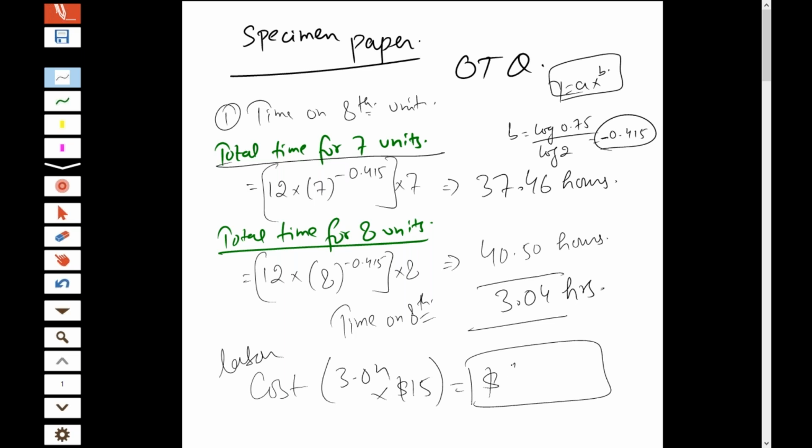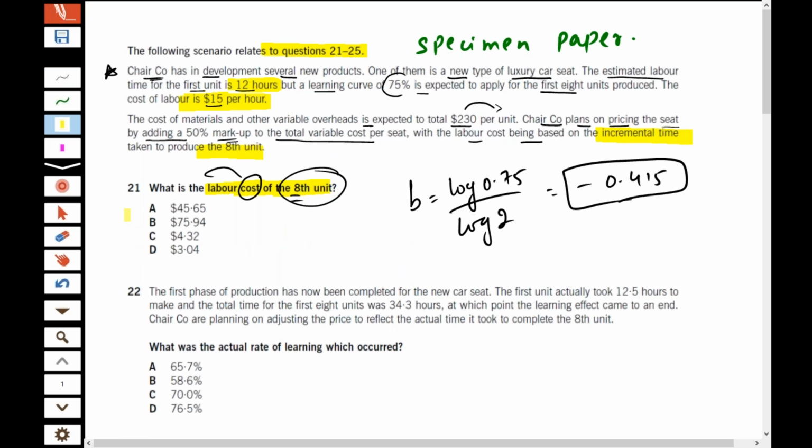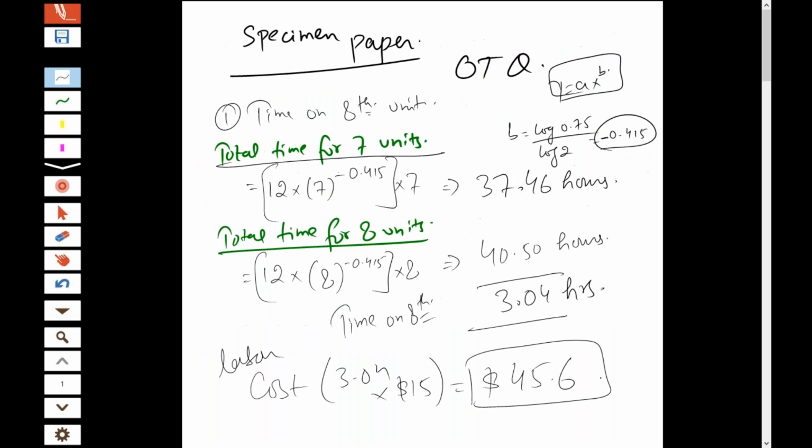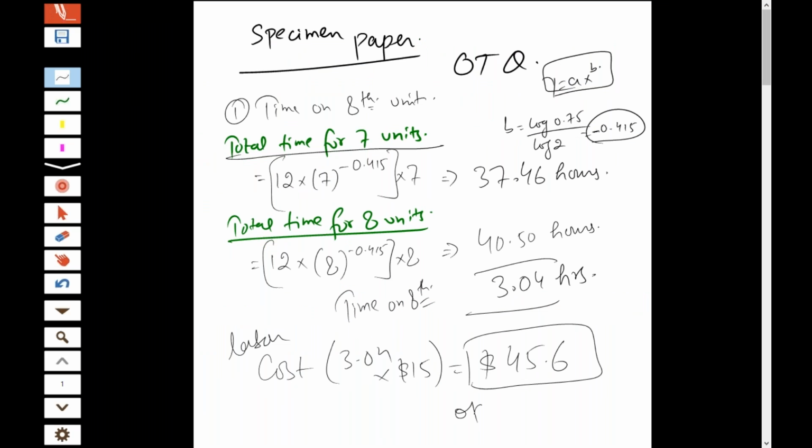What is the amount? That is 45.6. So the nearest option is 45.65. There is a difference of rounding off, 45.65 or you can say 45.6. So you can say option A. Is it fine?